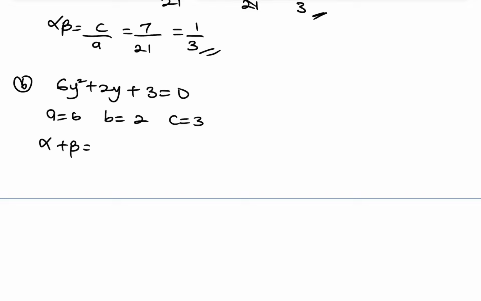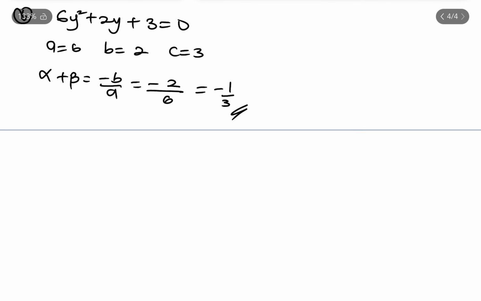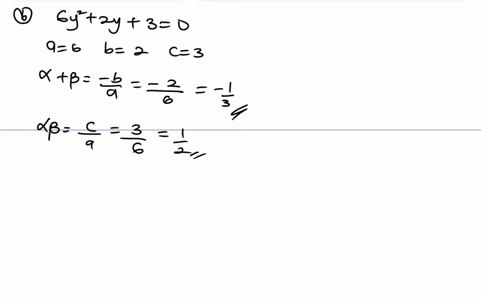Sum of roots is equal to minus b over a. In this case, that is minus 2 all over 6, and this is going to give us minus 1 over 3. Then we also have alpha beta, which is c over a, which is 3 over 6, which gives us 1 over 2. So these are the sum and product of roots.